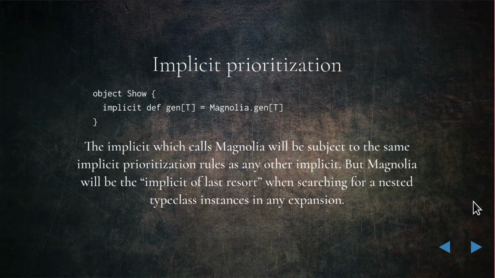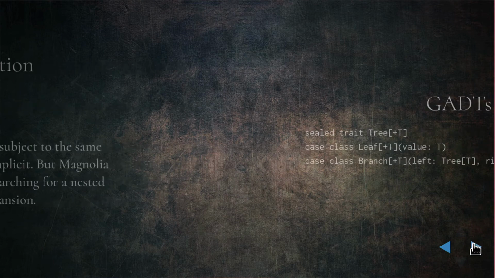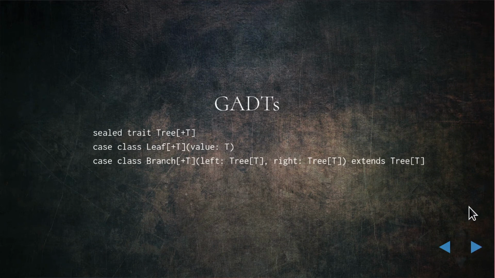That gives you what I think is a sensible default, and there are ways that are quite easy of overriding that. Whether it handles all cases, I don't know, but I've got some ideas on how it could be tweaked. Just to mention, we also support GADTs, and we also support recursive GADTs, which I think were a problem for Shapeless. Shapeless can do GADTs, it can do recursive types, but the intersection of these two was problematic.